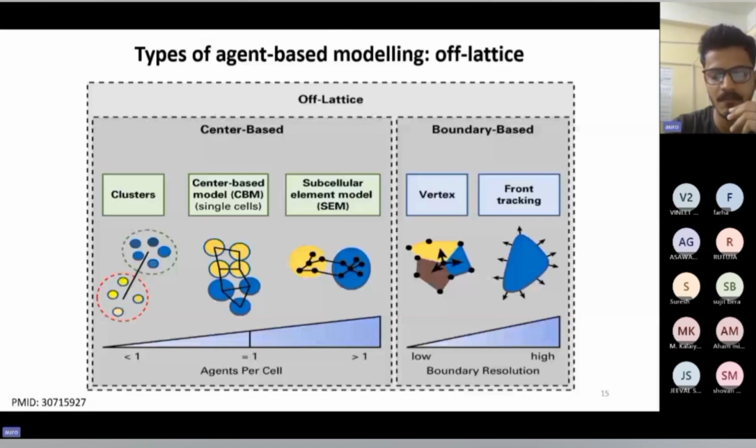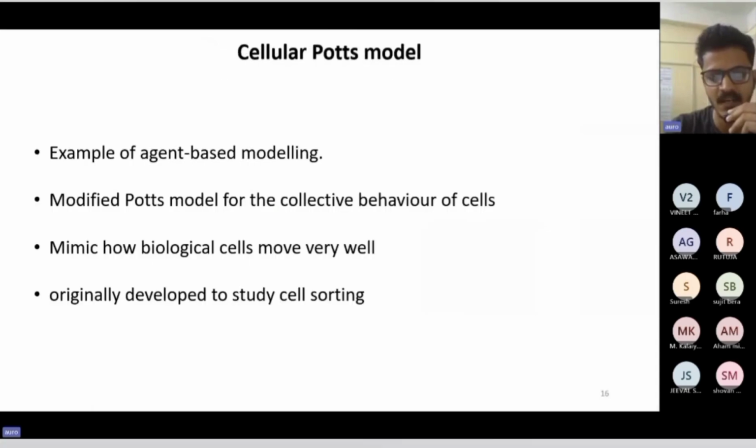So the cellular Potts model is one of the lattice-based examples, like lattice-based agent-based modeling. Here it is a physics-based model, based on statistical mechanics concepts. In statistical mechanics, we have a model called the Potts model. The Potts model is used if you know the ferromagnet to paramagnet transition, how it happens.